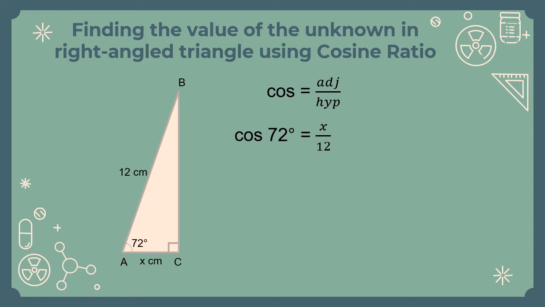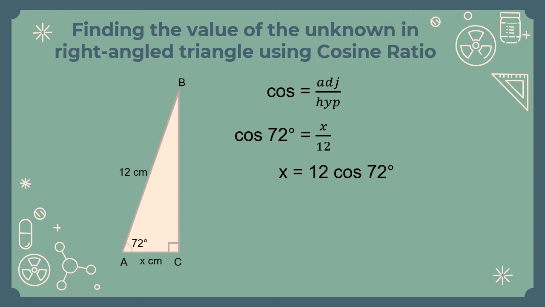So let's have cosine 72 degrees, since the angle A is equal to 72, is equal to x, wherein the adjacent is x, over the hypotenuse, which is 12. Then next, cross multiply. So we have x is equal to 12 cos 72 degrees.